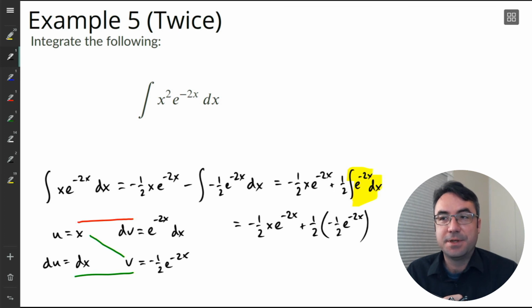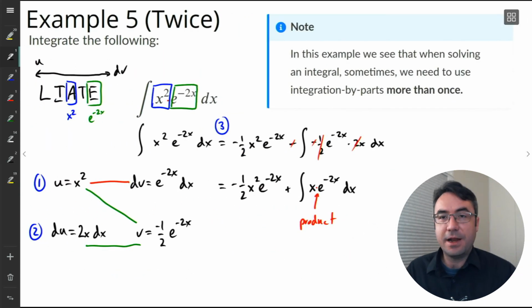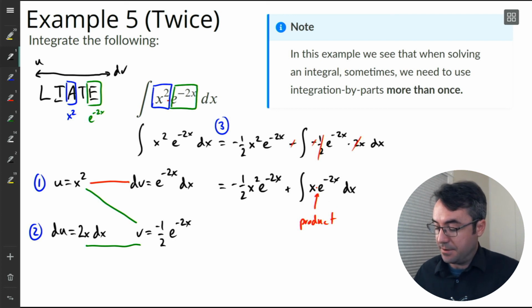All right. So we just need to put it all together now. What did we find before? Well, we found that our original integral, the one we're trying to do, was equal to all of this, negative 1/2 x squared e to the negative 2x, plus this integral that we just calculated. So let's fill that in.